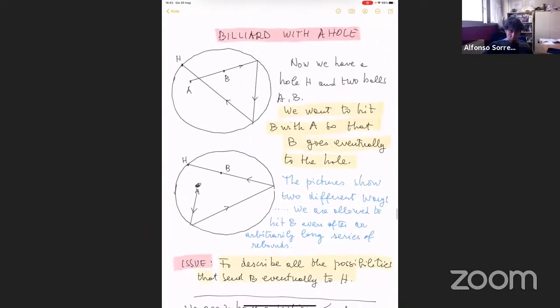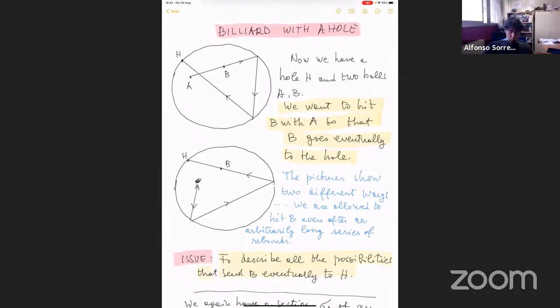Another example of application is obtained if we have a billiard with a hole. Now we have two balls, A and B, and the hole H. And we want to hit the second ball with the first, so that the second ball goes eventually to the hole. And of course, in principle, we may do this in several ways.